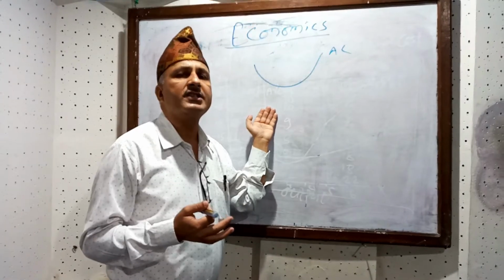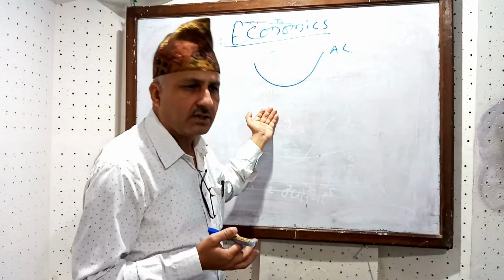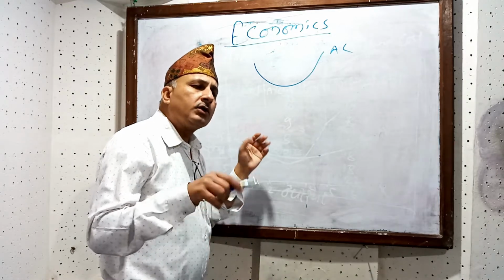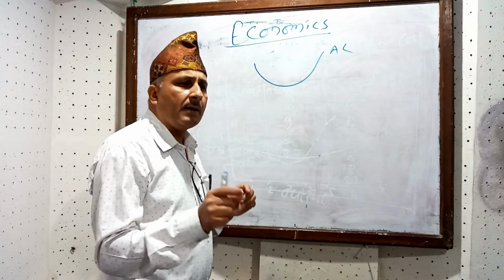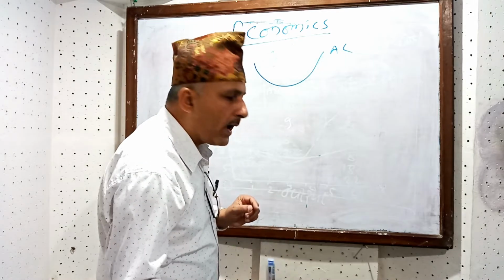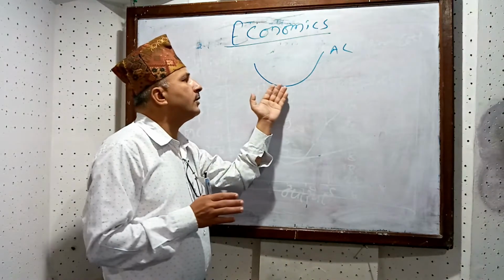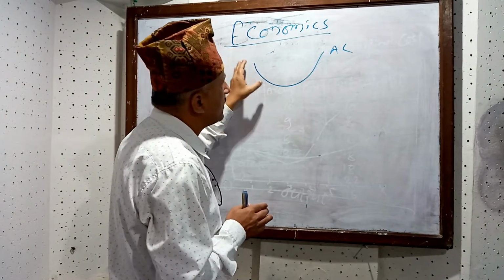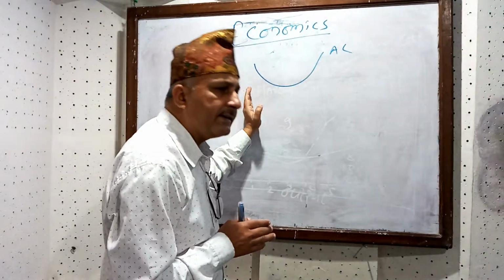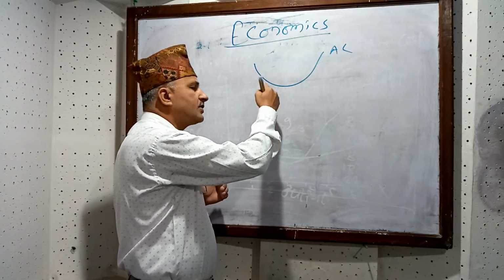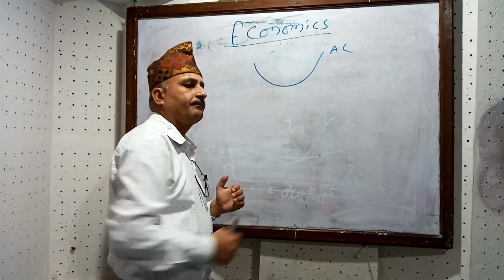Average cost is also per unit cost. That's why at the beginning, when the ratio of variable factor to fixed factor is not optimal, if we go on producing, then per unit cost goes on diminishing continuously. That's why at first average cost goes downward.